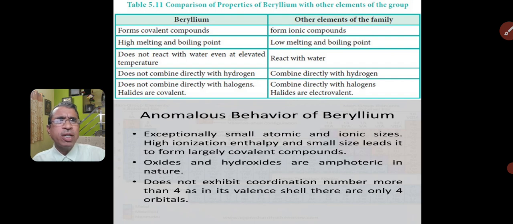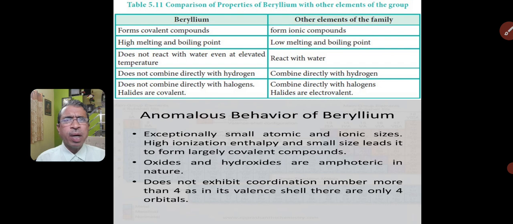The other elements of group 2 have low melting and boiling points. Beryllium does not react with water even at elevated temperature, but the other members react with water. Beryllium does not combine directly with hydrogen, but other elements combine directly with hydrogen to form the corresponding hydrides.